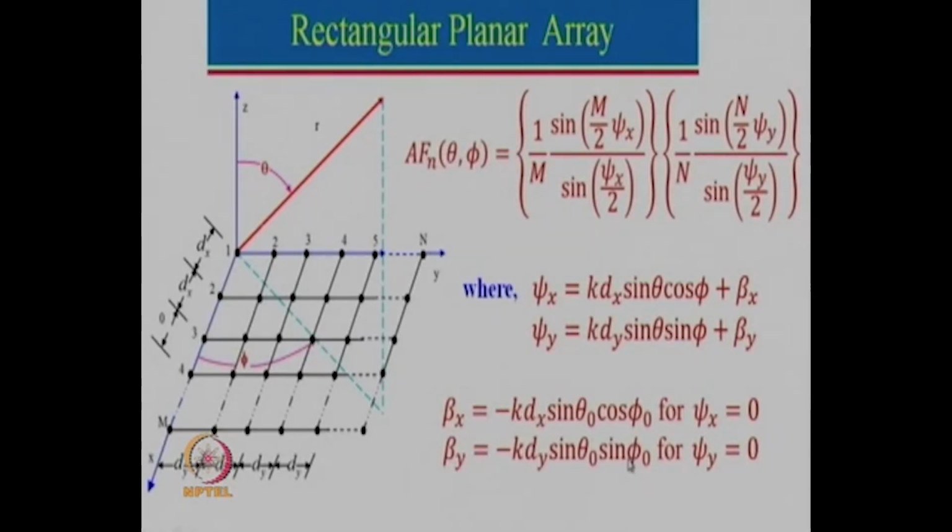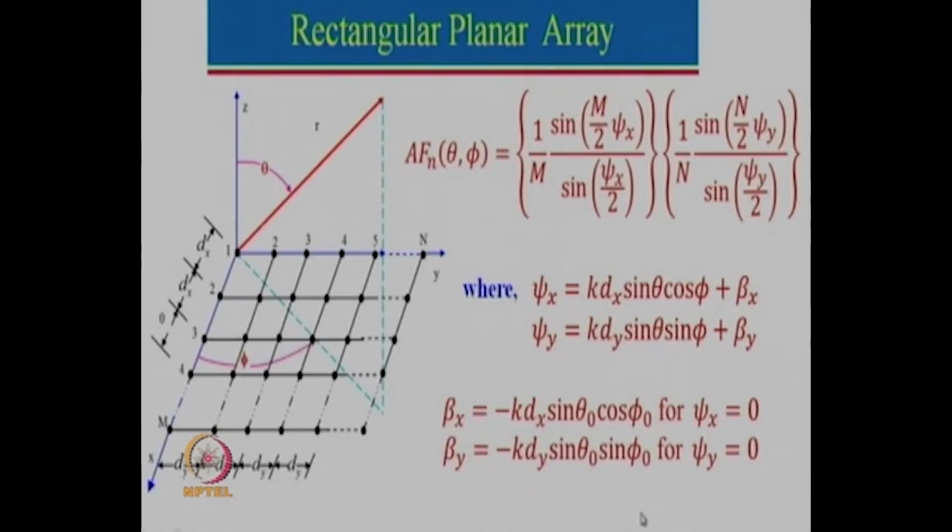So now let us see, we want the beam direction at a particular angle. To start with, let us say we want the beam maxima in the broadside direction. In the broadside direction theta 0 will be equal to 0 and sin 0 is equal to 0. So beta x will be 0 and beta y will be 0. That means all the elements should be fed with the same phase, then the beam maxima will happen in the broadside.